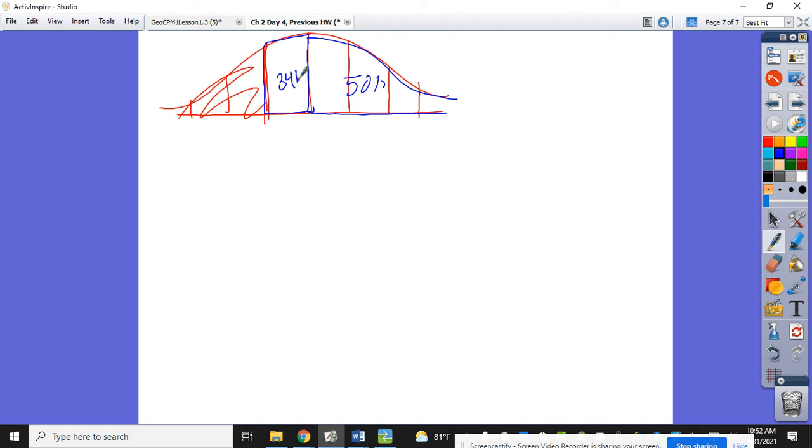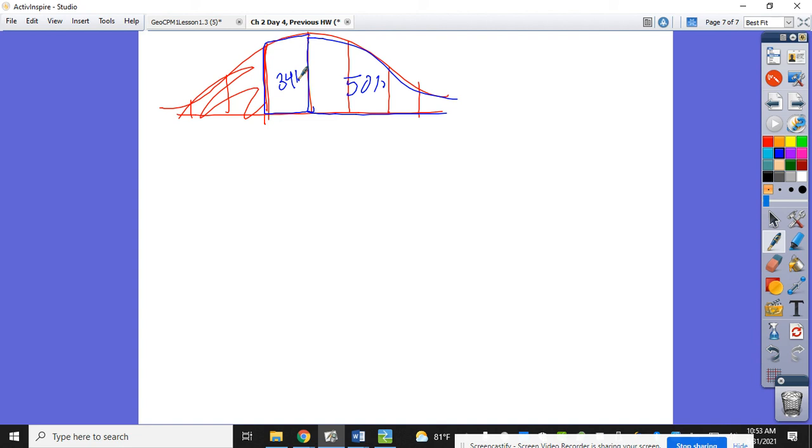What is our area for a Z value of 1.15? 0.874. 0.8 what? 0.874. 749. It's shaded to the left, so what do I do with it? Leave it. So your answer is C.